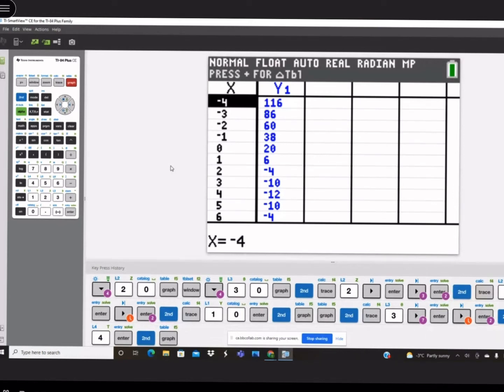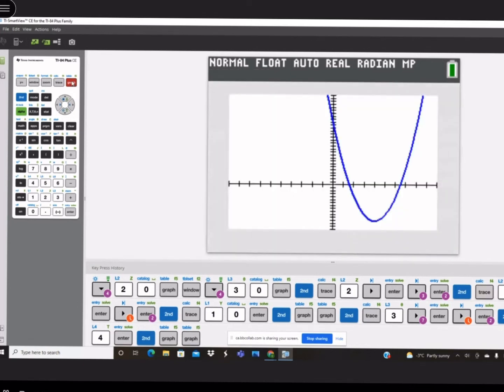Now, before we go back to our slides, the next question says find the x value if f of x is equivalent to 60. Just a reminder that f of x is really y. So they're saying, what is the x value, or what are the x values when y is 60?